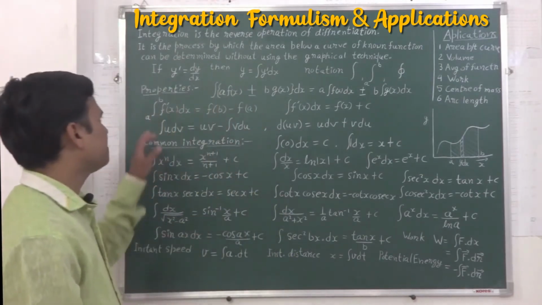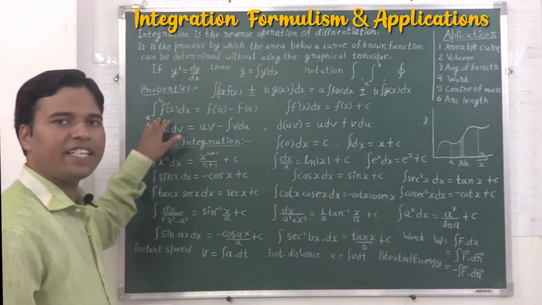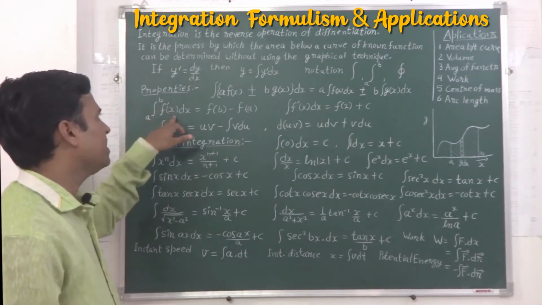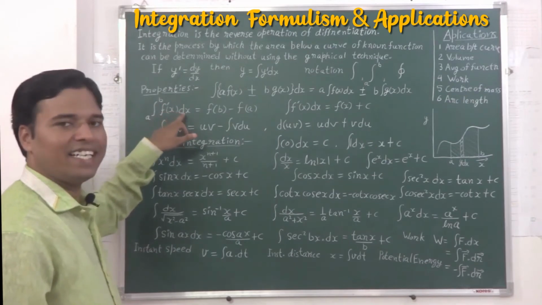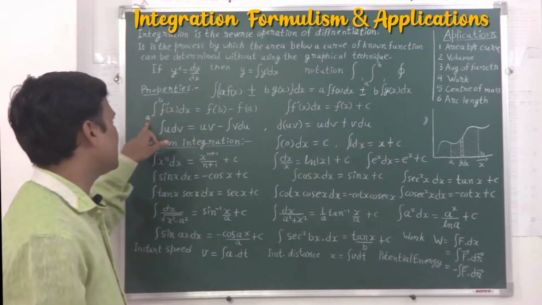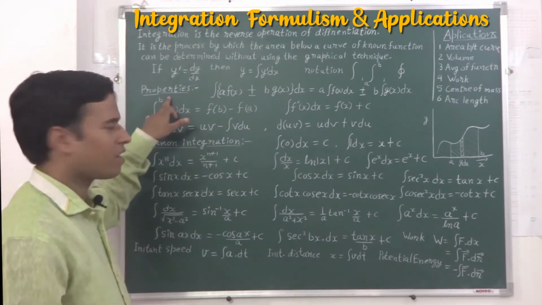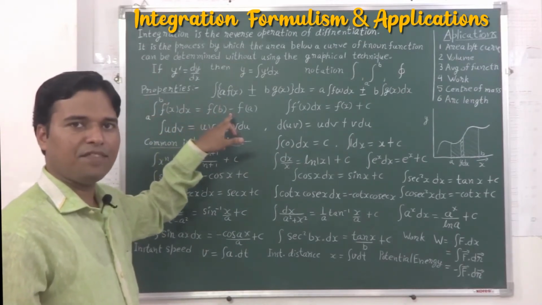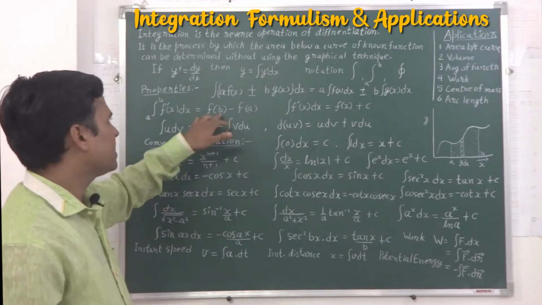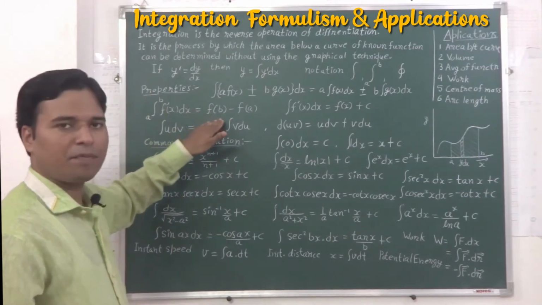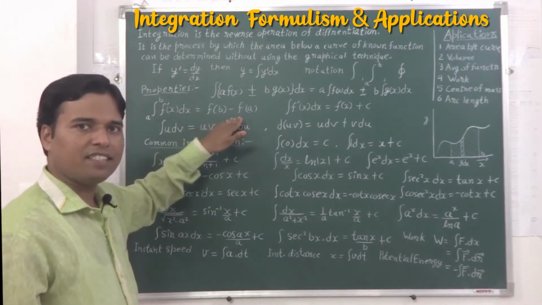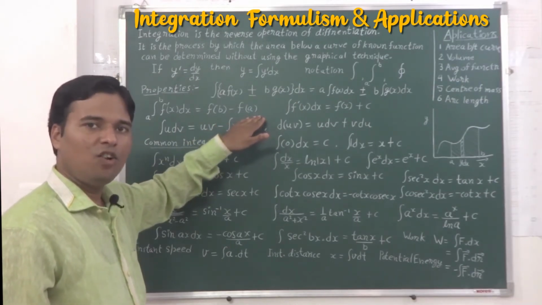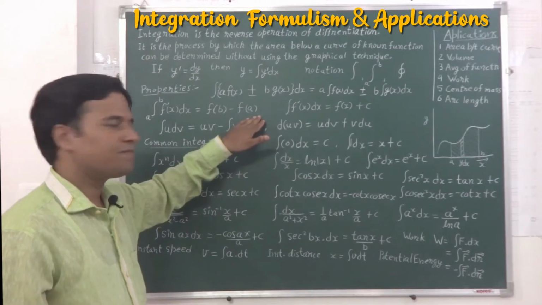Now dear students, if we want to get the integration within some limits, then if this is the derivative of function f(x), that is f dash x, and we make its integration between two limits a and b, then we will get the value f(x), the same function, using the upper limit in the first part, then subtracting the function's value at the lower limit value of x.